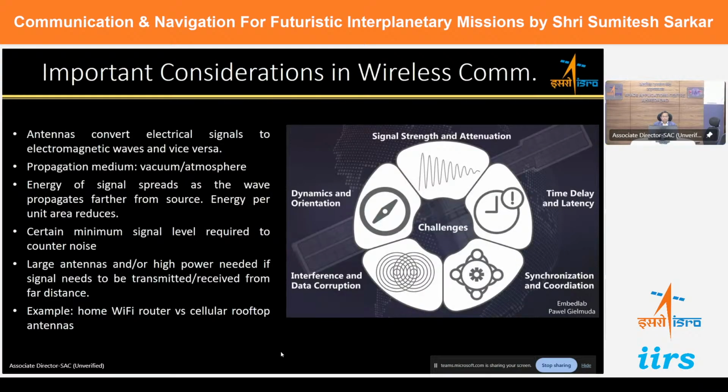Now, the major part of this communication system, that means the transmitter and the receiver, it all starts with the antenna. You might have seen the headlights of a car.